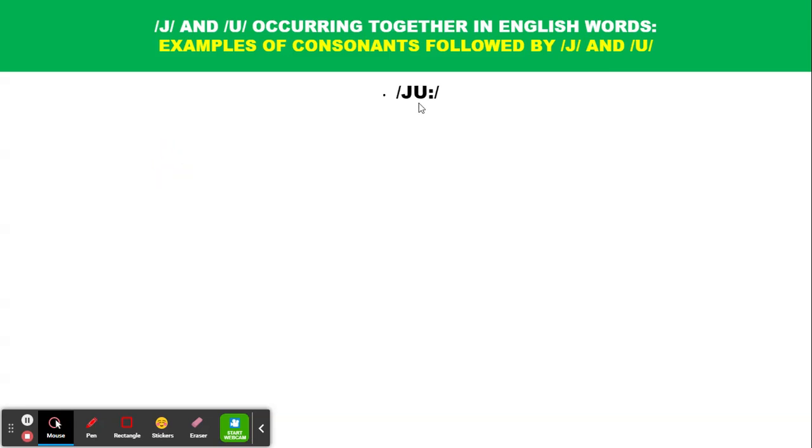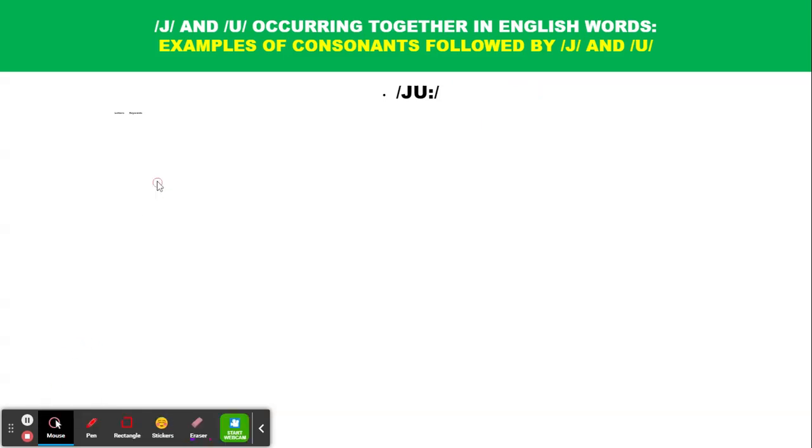So we are going to look at you, or you, if you like. Now it is as if you are trying to pronounce the word you. Okay, that's what it actually resembles.